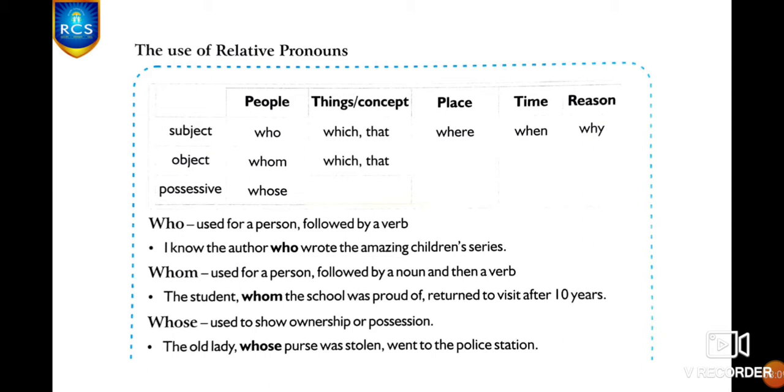When you are telling about the belonging of someone or something, that is what we call possessive. For that we use whose.